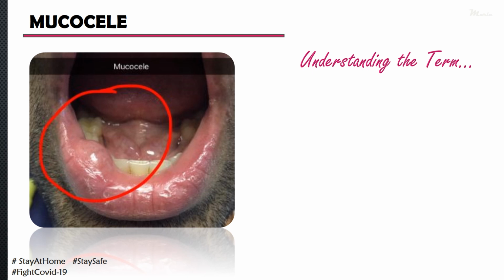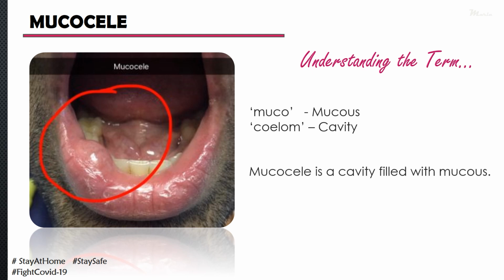Before we discuss this pathology, let us understand the term first. The term muco means mucus and coelum means cavity. So the term mucocele is basically a cavity that is filled with mucus.